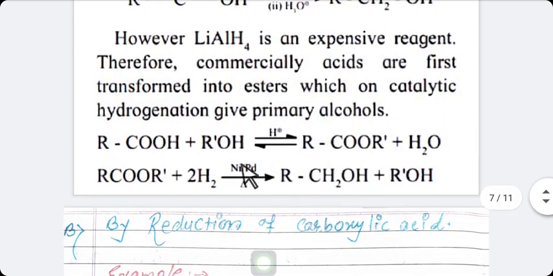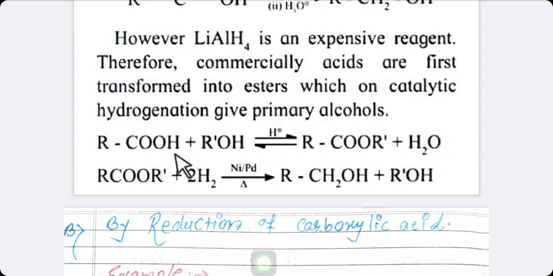See here in the general reaction, as all of you know, RCOOH is the general formula of acid. It reacts with another alcohol, means ROH. The reaction is reversible. Ester RC=OOR is formed by removal of a water molecule.